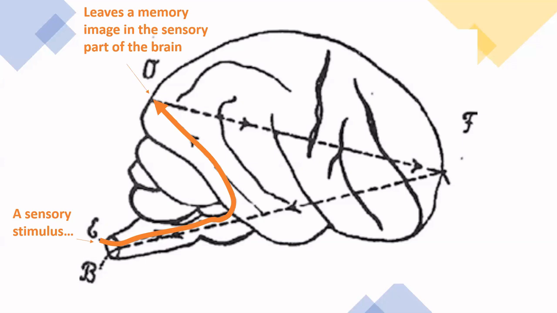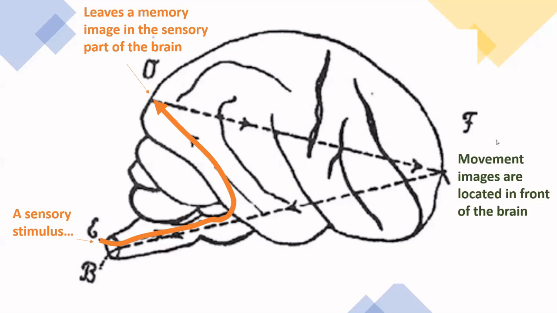So as soon as, let's say, we see something, then what we have seen will leave some kind of a visual memory in our visual cortex. That was a theory of Wernicke, and he believed that the same was true for the motor function.